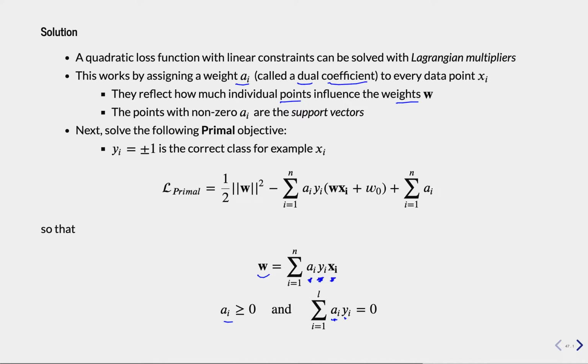Then the last function here, so what we want to have is that the predictions are correct, right? So this should evaluate to something positive if the correct class is +1. Right?